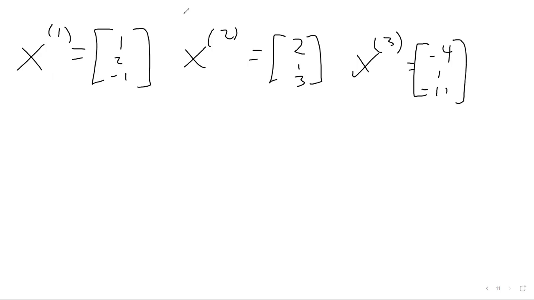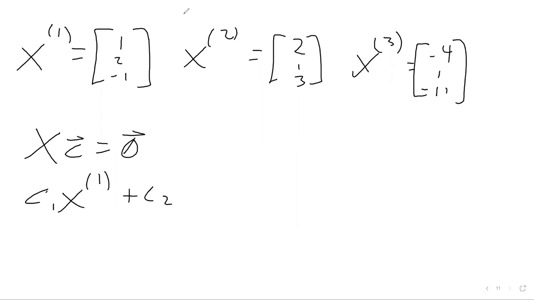So like we said before, we're going to take our x vector times our c column vector, see if we can get 0. So essentially it's going to be a c1 times our x1 plus a c2 x2 plus a c3 x3. And then the whole thing is going to equal the 0 vector. So what we want to do is make our augmented matrix.